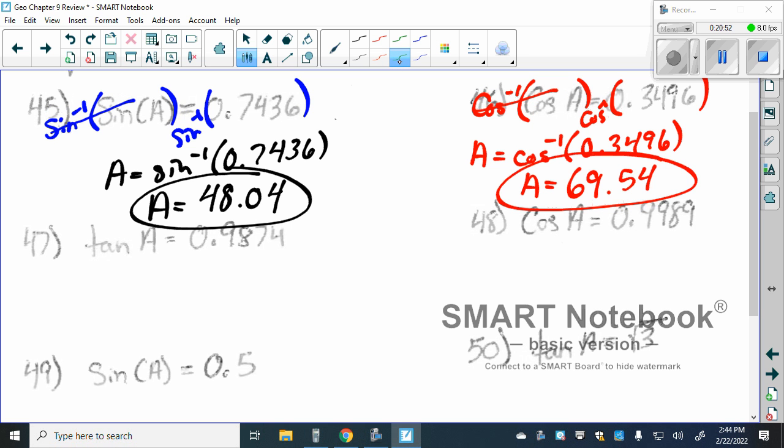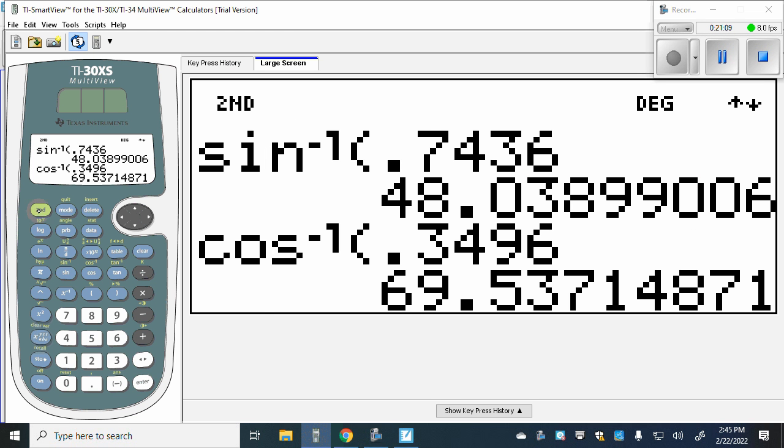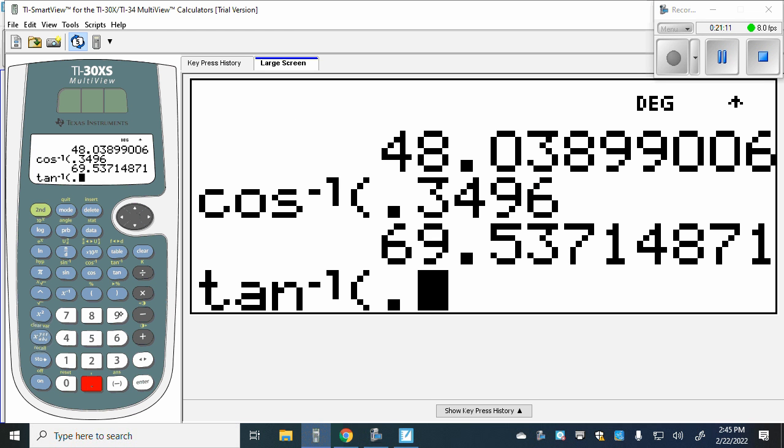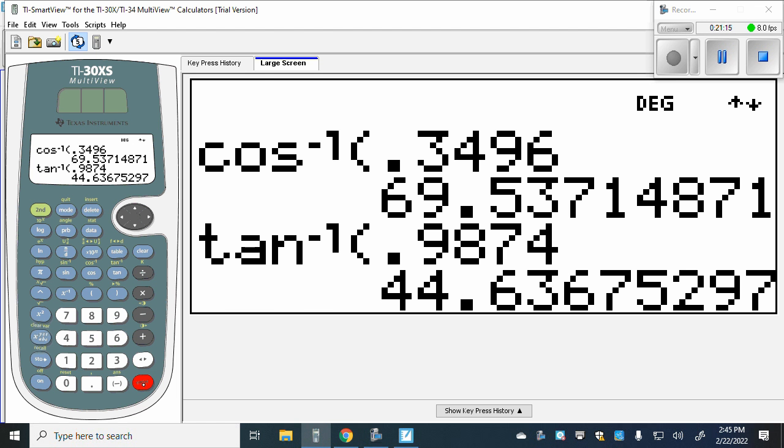So really the next one, 47, I can say what? A is equal to tangent inverse of 0.9874. Type that into the calculator, and we get 44.64.